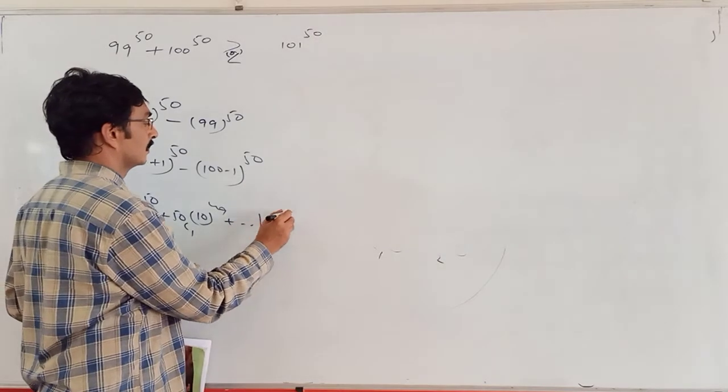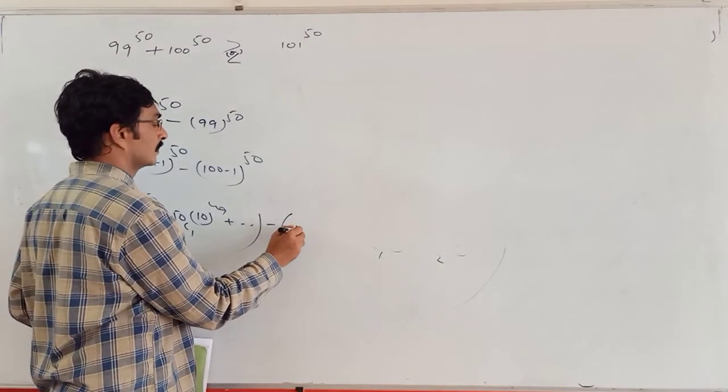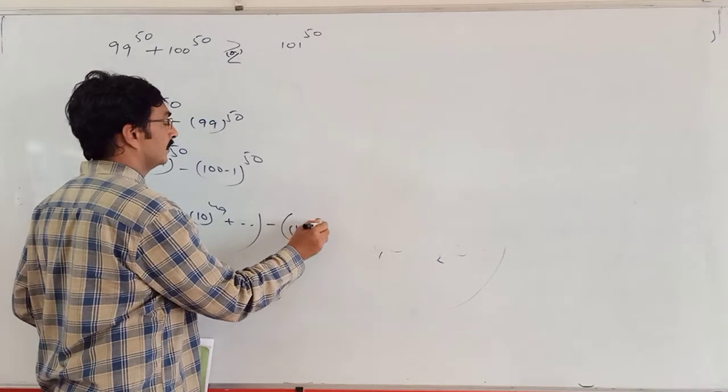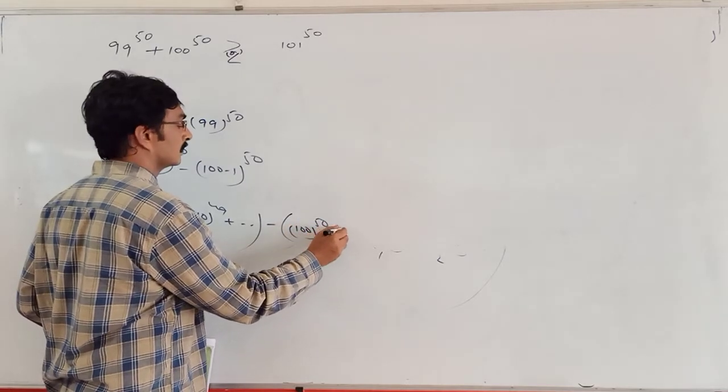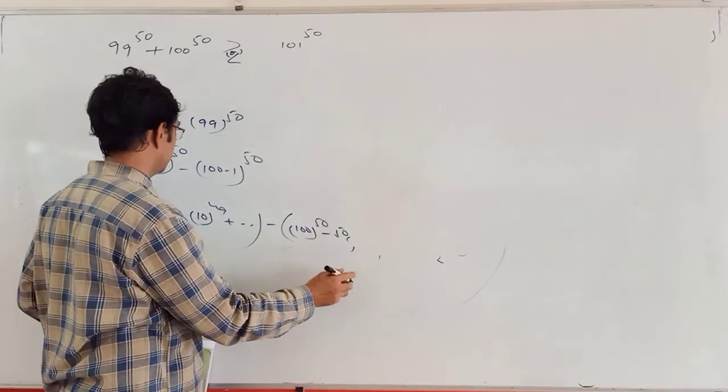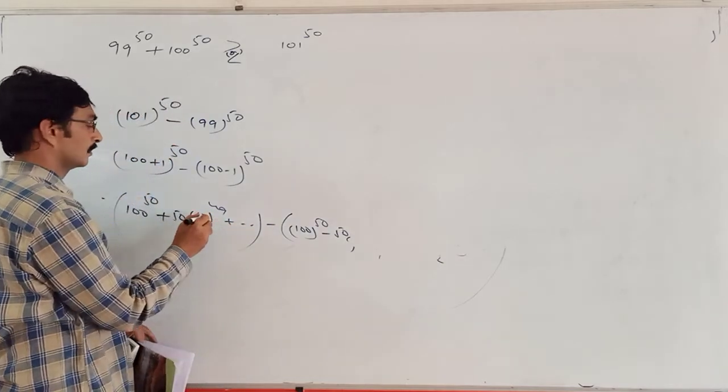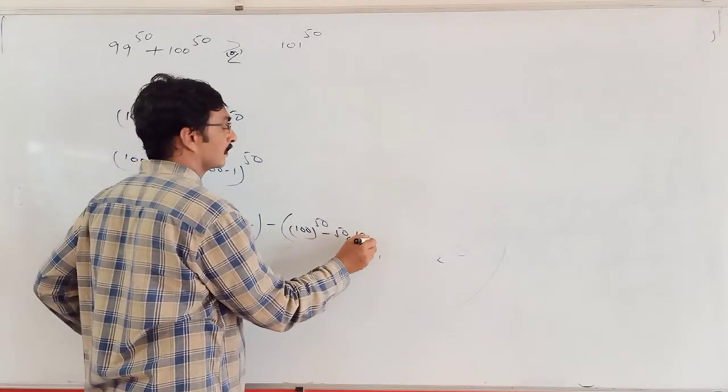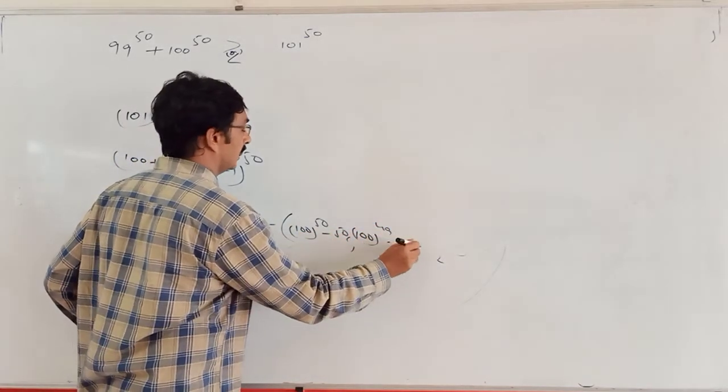Next, first term 100 power 50 minus 50 C1 into 100 power 49 and so on.